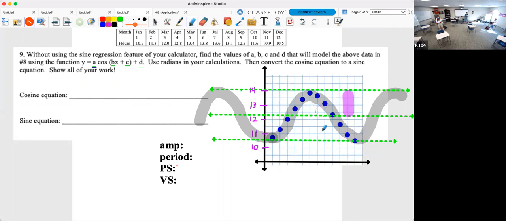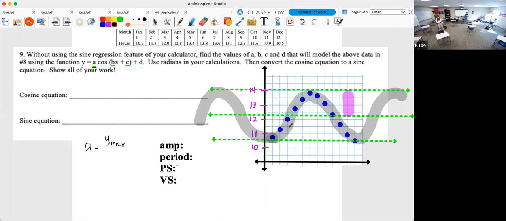So using our data points, there's a way we can come up with what the amplitude is. This is the way to do it. You take the max Y value.